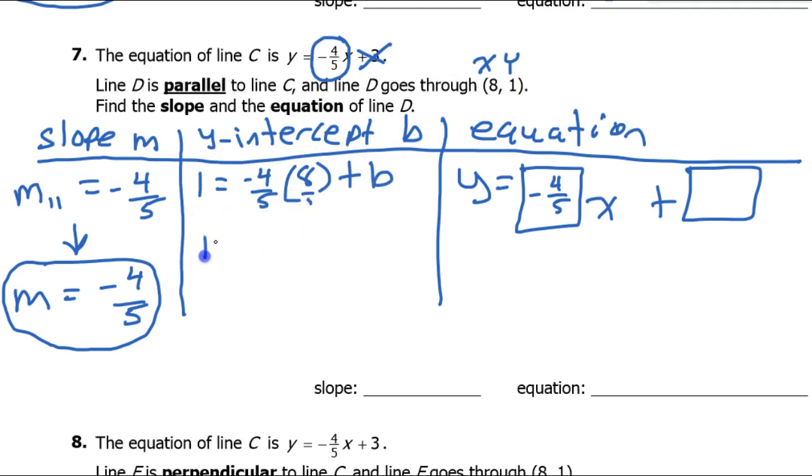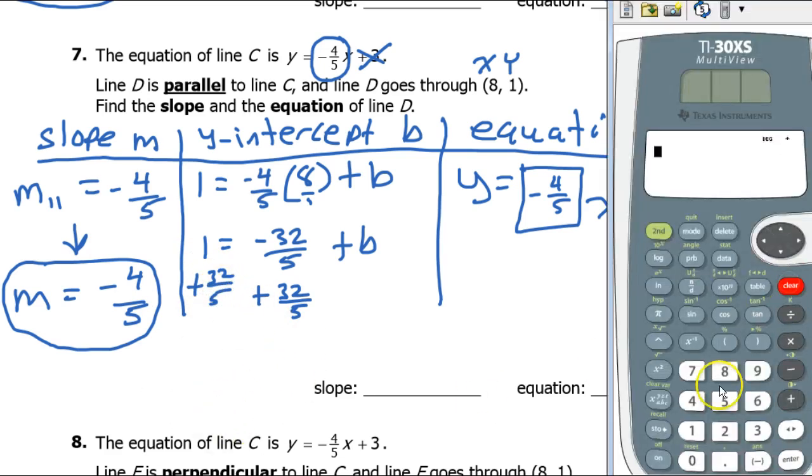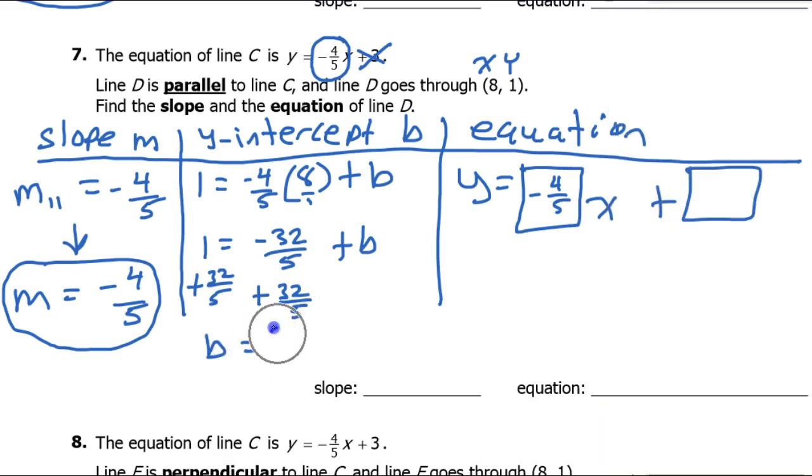All right, so this is going to make 1 is equal to negative 32 over 5 plus b. So I need to add 32 over 5 to both sides. Okay, so if I go 1 plus 32 over 5, that's 37 over 5. 7.4.